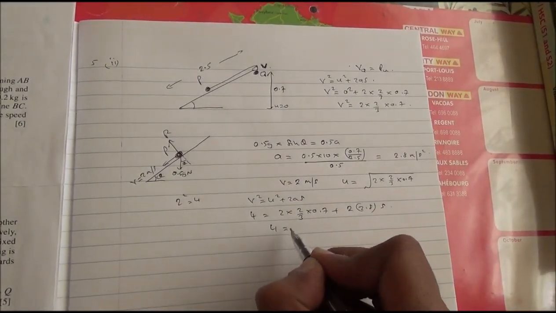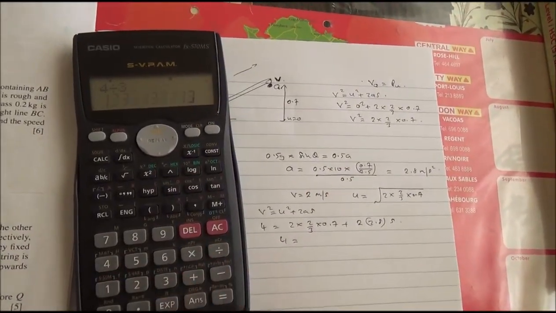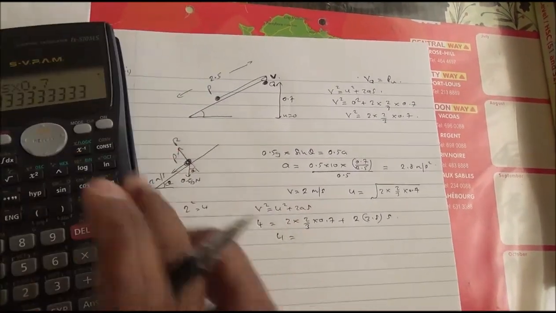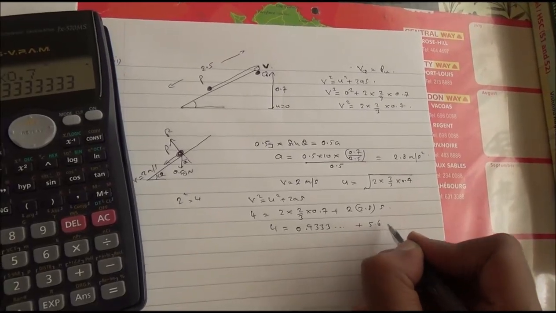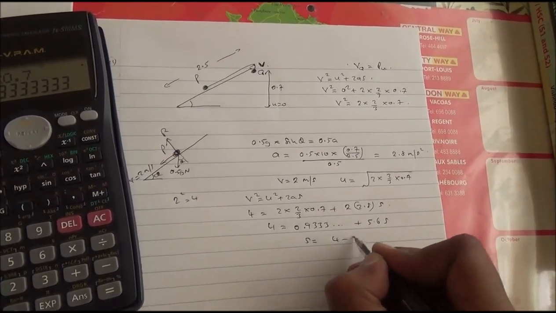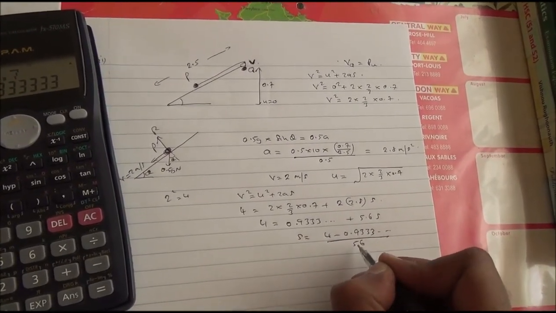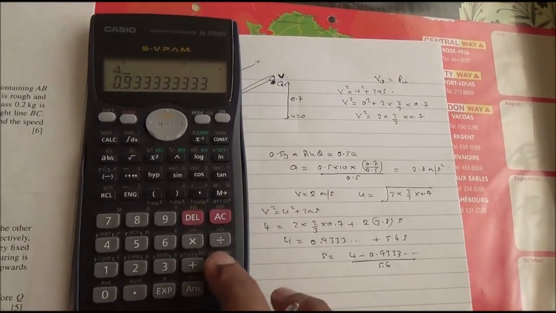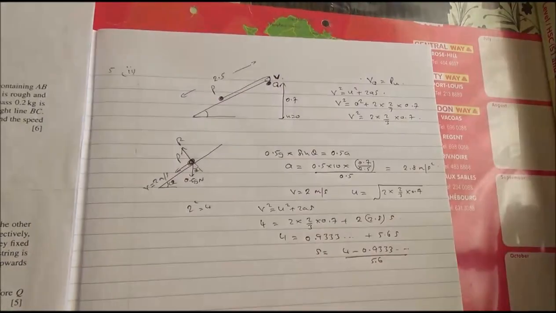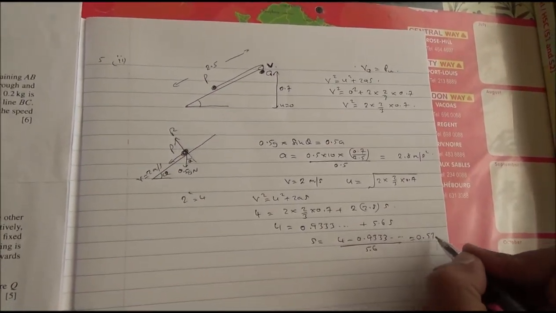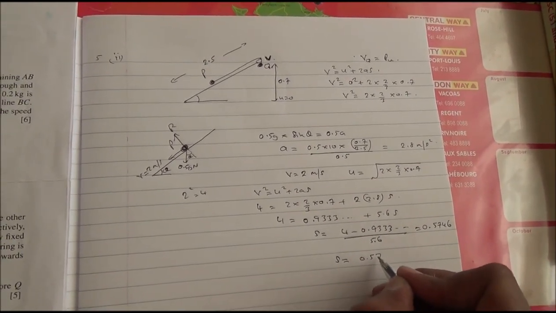So 4 is equal to 4 over 3 times 0.7, which is 0.9333, plus 5.6s. Therefore s is 4 minus 0.9333 and so on, divided by 5.6, which gives 0.5746.